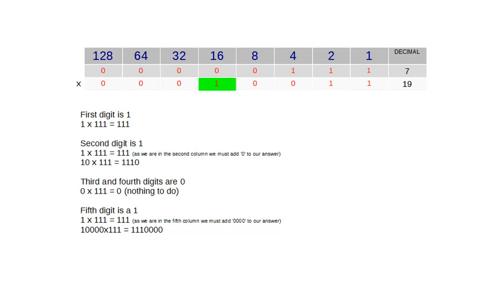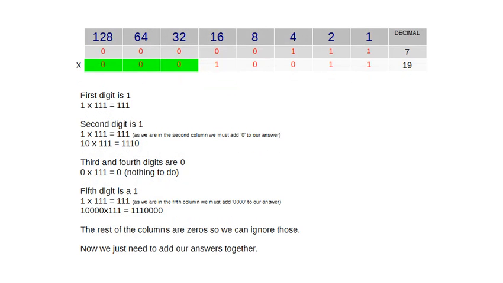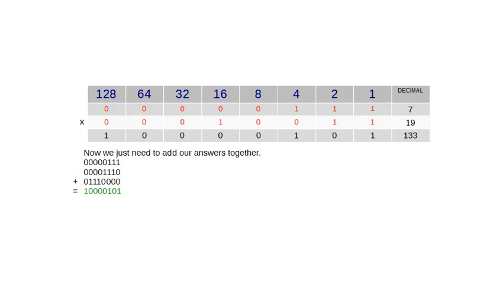So the sum then becomes 10,000 times 111 equals 1110000. And we remember all the answers that we've got from the previous sums, and we ignore the last three columns as they are all zeros and they won't affect our answer.